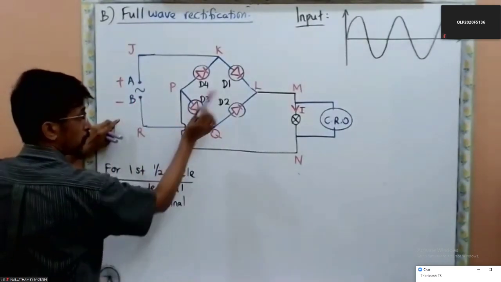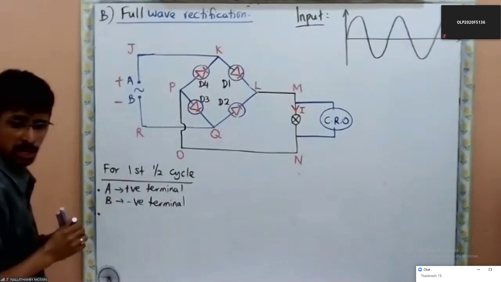Okay? So current flows through diodes D1 and D3.